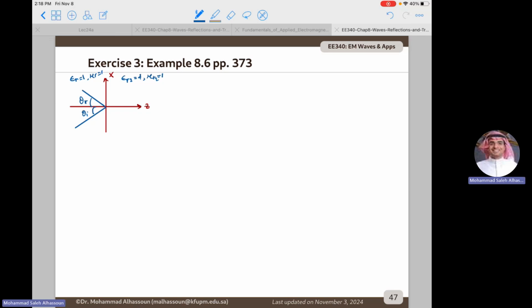Since the wave is propagating from a less dense medium to a denser medium, we expect the angle of transmission to be closer to the z direction. So this is in general the problem that we have.